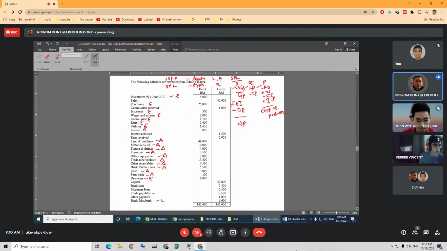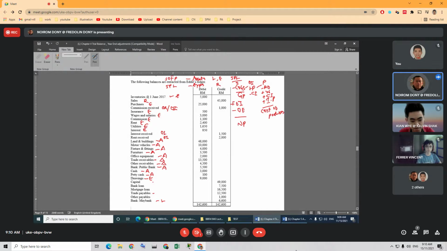On the credit side, we have revenue, liability, and equity. Of course, sales is definitely revenue. Other revenue, other income, interest receipt, also other income. Rent receipt, other income.